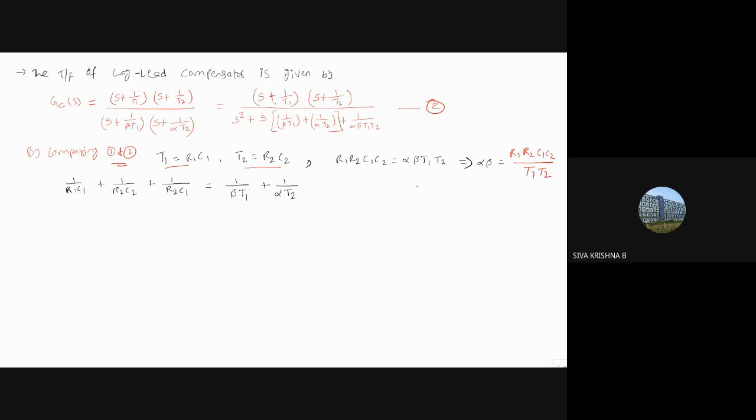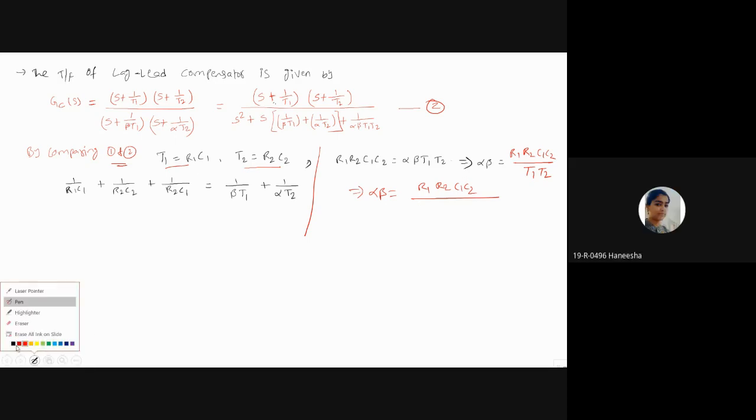What are T1 and T2? T1 is nothing but R1C1, and T2 is nothing but R2C2. So both get cancelled. The remaining is 1.